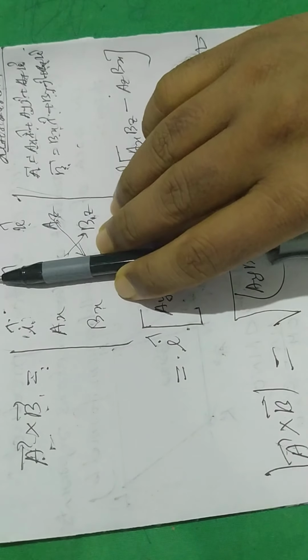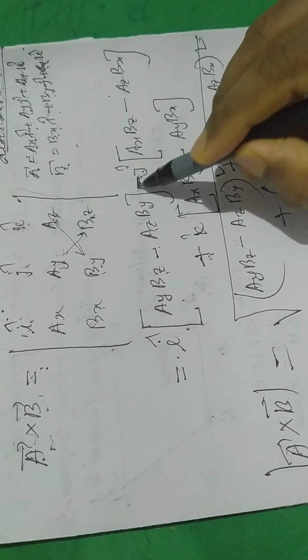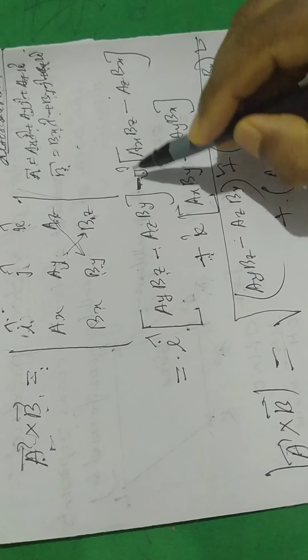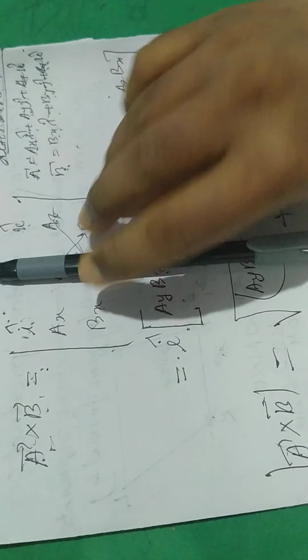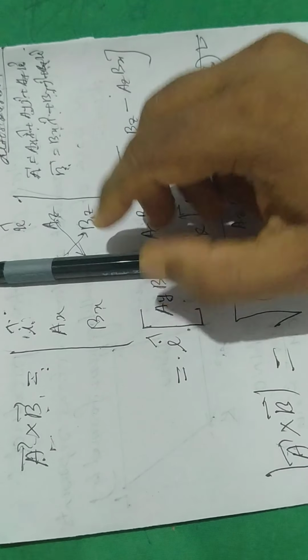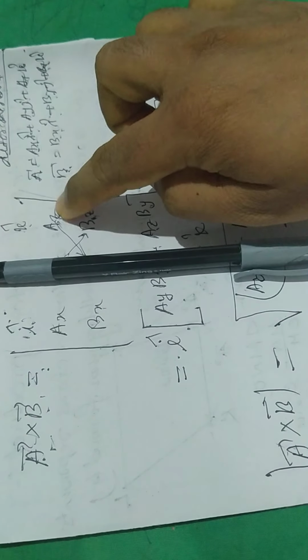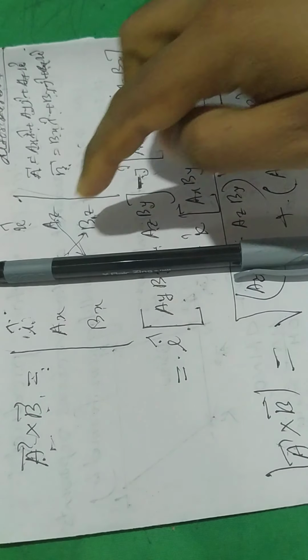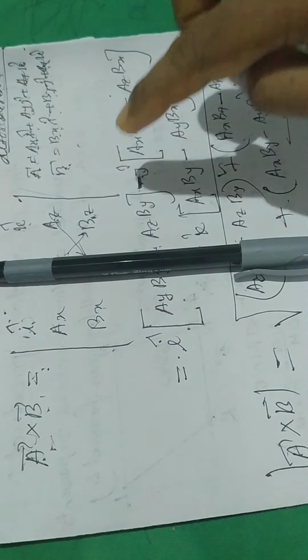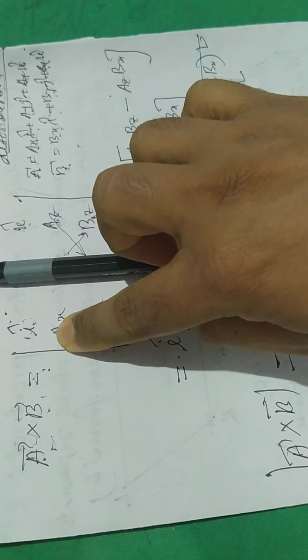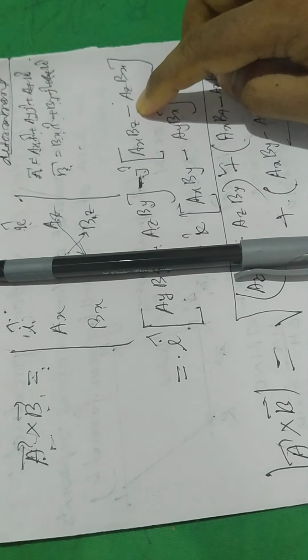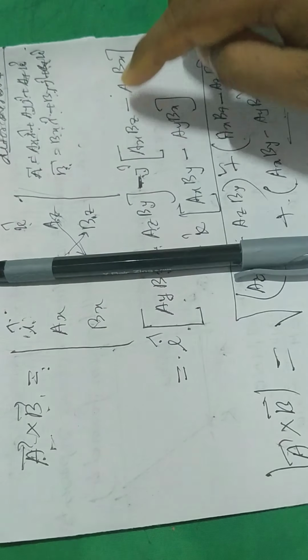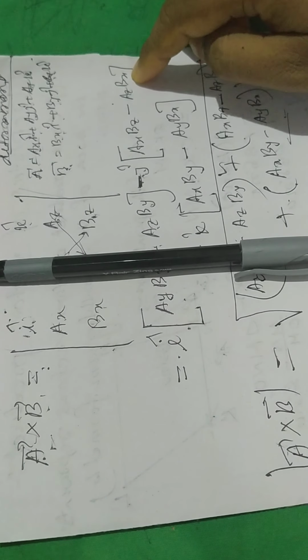Then afterwards, for the second column, you put a minus sign. Keep in mind, minus sign you put. J cap, then AX, AZ, BX, BZ, so AX BZ minus AZ BX.